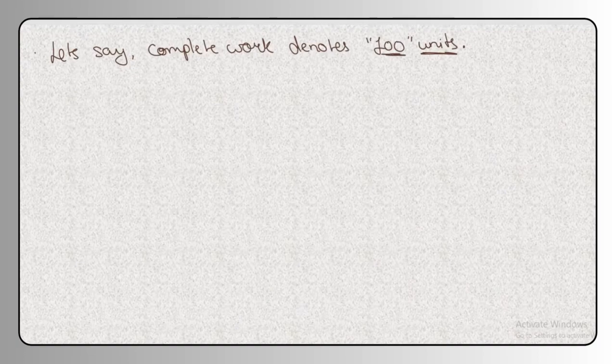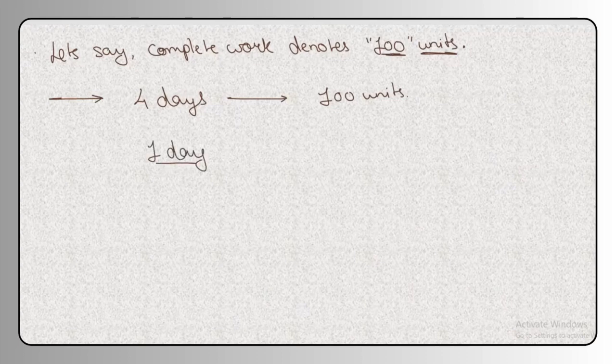Now, the question says 4 days it took to complete this 100 units of work. So then ask yourself, how much work would it complete in a single day? In 1 day, how much of the work would be completed? That's simple then. That is just 100 divided by 4. Just 100 divided by 4. Right? Yeah.